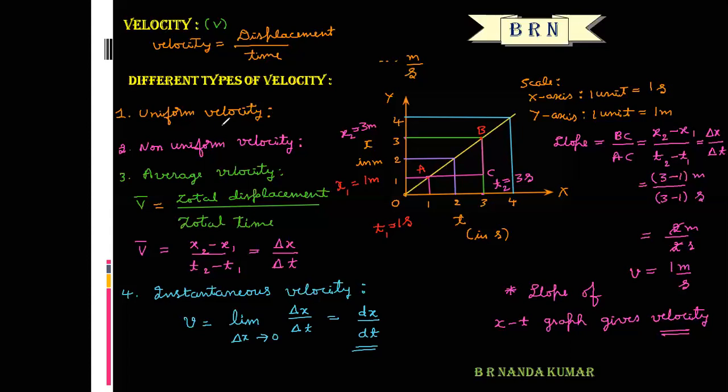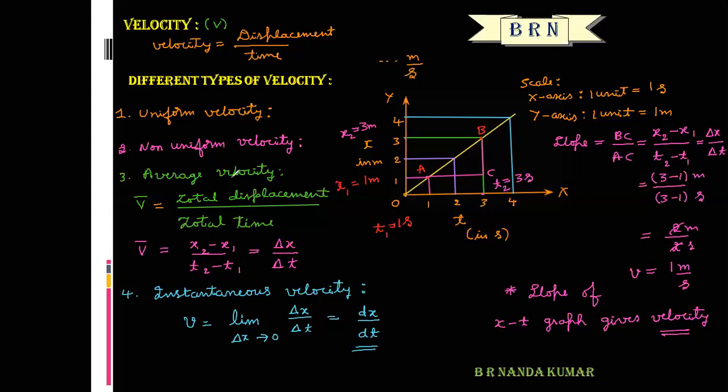A particle is said to be moving with uniform velocity if it covers equal displacements in equal intervals of time. A particle is said to be moving with non-uniform velocity if it covers equal displacements in unequal intervals of time, or unequal displacements in equal intervals of time, or unequal displacements in unequal intervals of time.